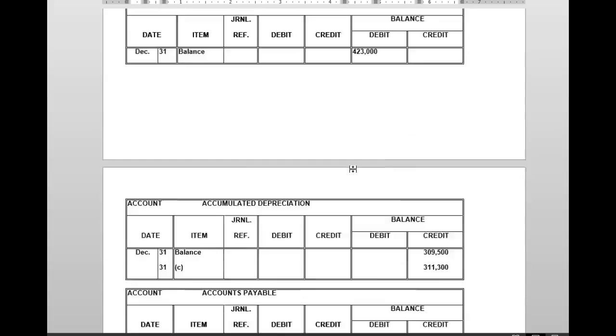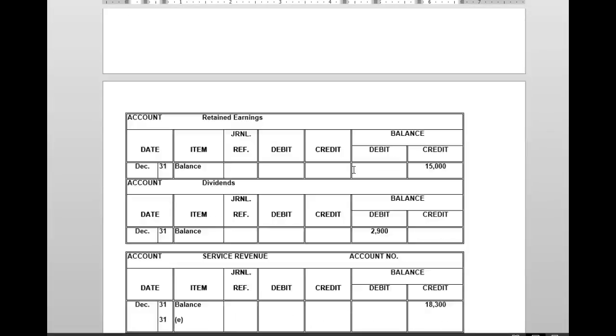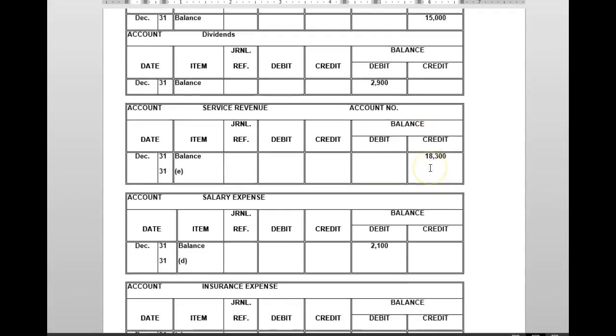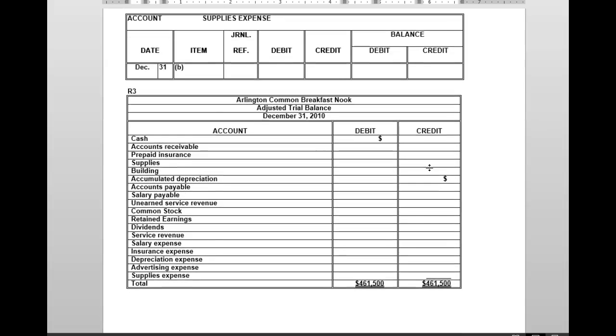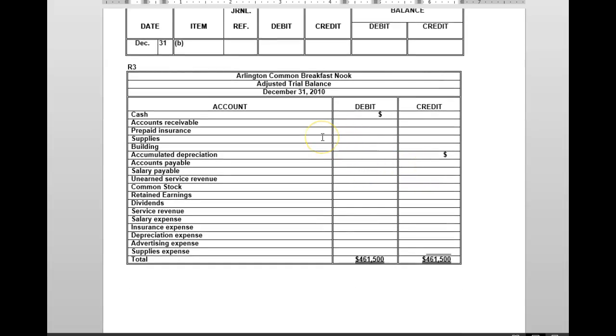So transfer all of that information down to here and balance it out so you have balances, because you're going to take all of this and transfer it to an adjusted trial balance. You're going to pull all of that information off and create an adjusted trial balance.